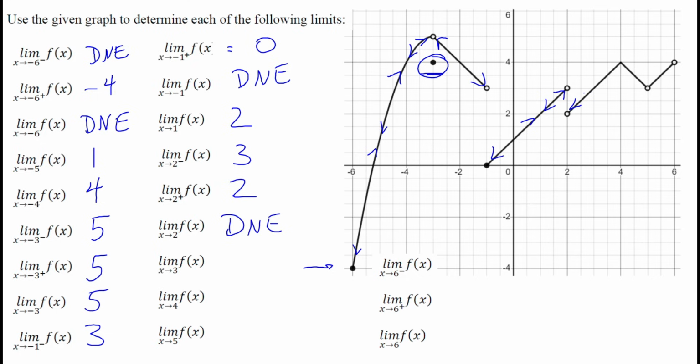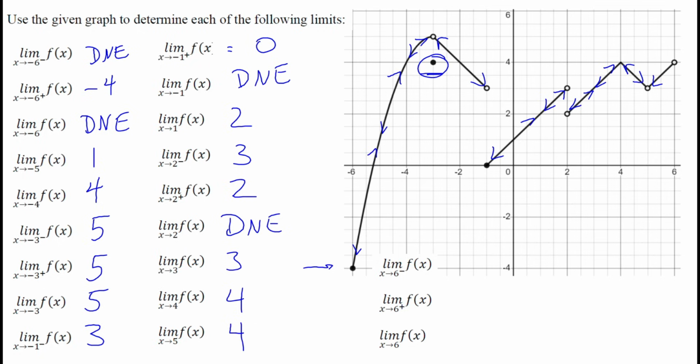The limit as x approaches 3 is just from both sides there approaching a y value of 3 as well. And as x approaches 4 from both sides, the y value is also approaching 4. Then as x approaches 5 from both sides, right? We look from the left and from the right, both sides we're approaching 4.